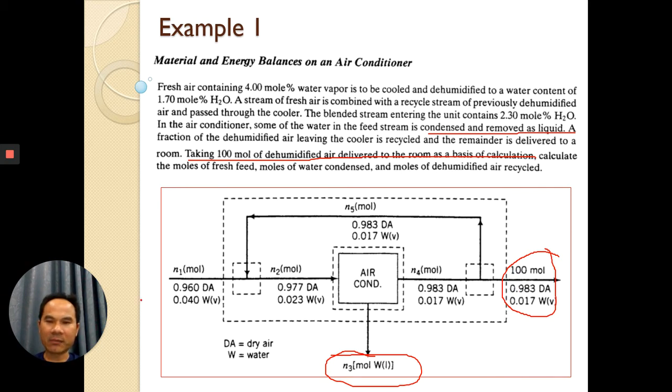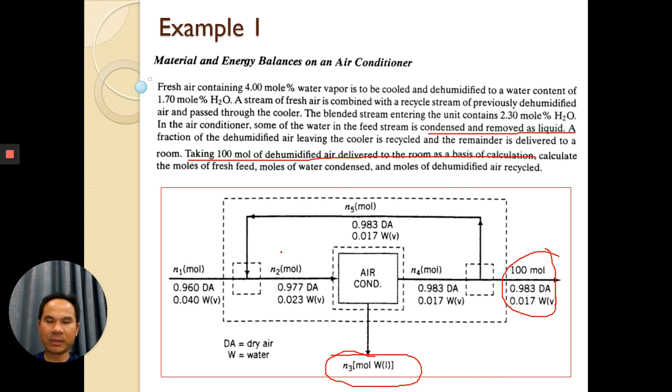For this flow chart, we draw the known variables and then specify the unknowns. For example, we know the output is 100 moles total, dry air plus water. For the feed, we don't know the amount, so N1 is the amount of feed.